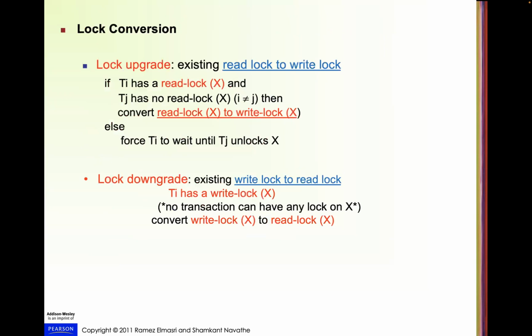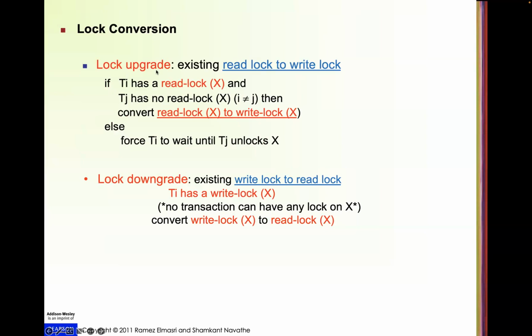Lock conversions. Lock conversions can be done for changing a read lock to a write lock or changing a write lock to a read lock. If we are upgrading the read lock to the write lock, it means we are making the lock stronger, because a read lock can be shared, but a write lock cannot be shared. So we upgrade the lock.